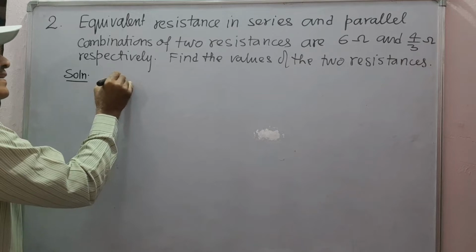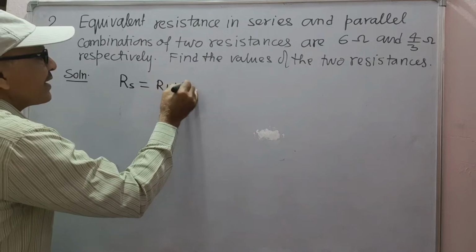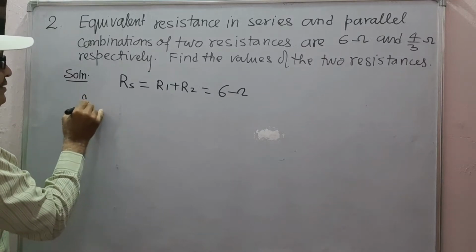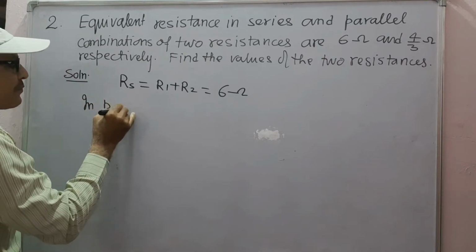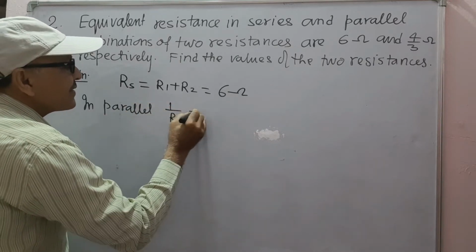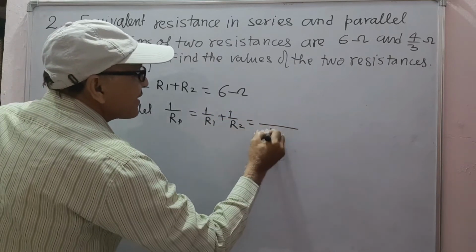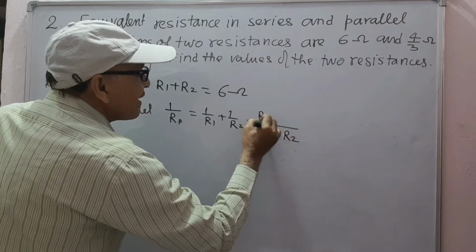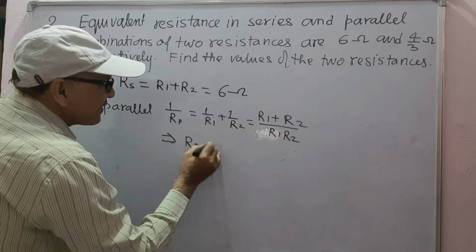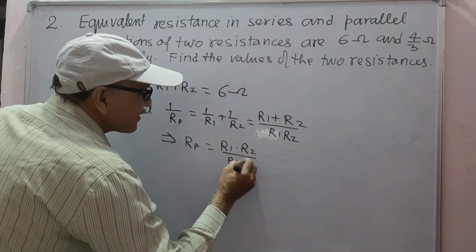In series, equivalent resistance Rs will be equal to R1 plus R2, that is 6 ohm, and in parallel, 1 upon R parallel is equal to 1 upon R1 plus 1 upon R2. LCM is R1 R2, here R1 plus R2. This gives R parallel is equal to R1 R2 upon R1 plus R2.